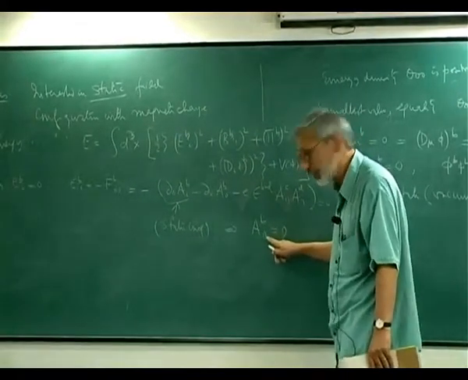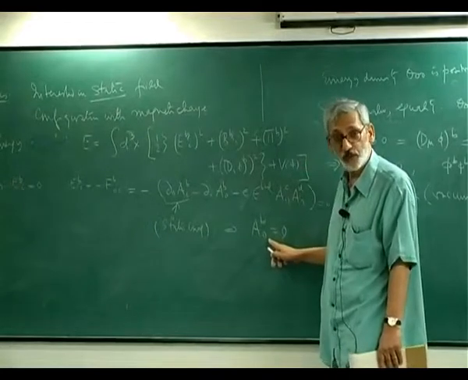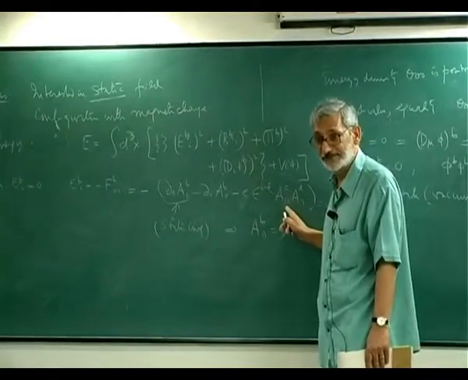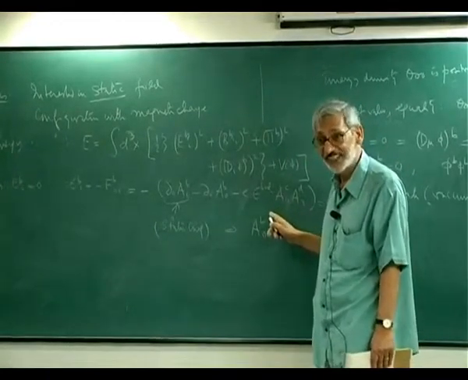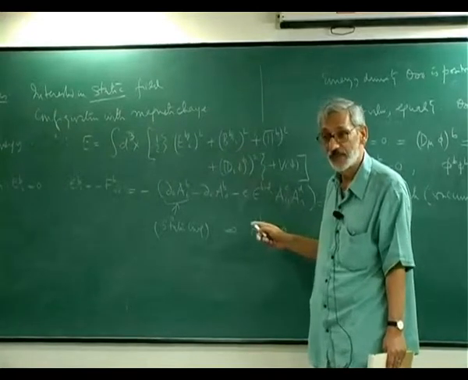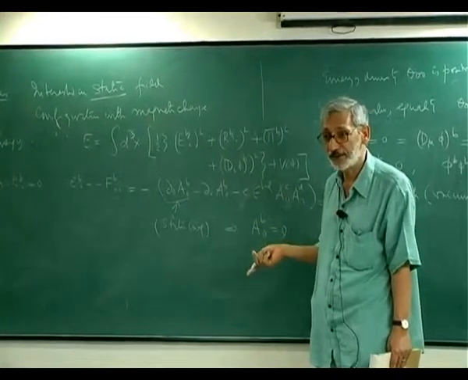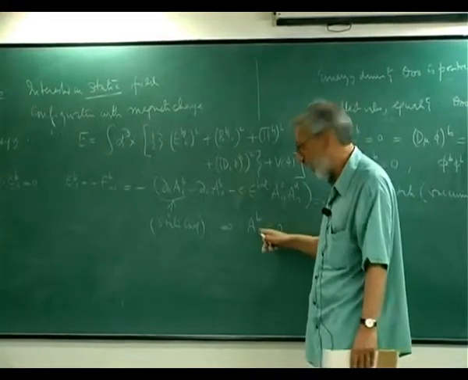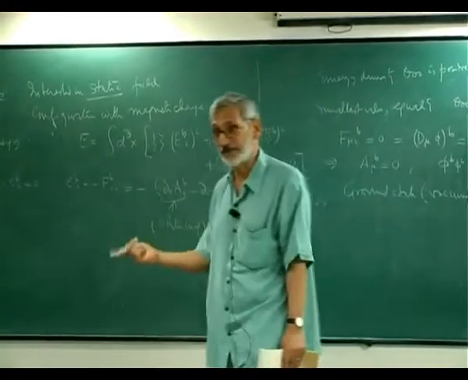Of course, if I take a gauge transform of A_0, that will also give me a 0. Is that all clear? So I have taken one member of that class of gauge transforms.